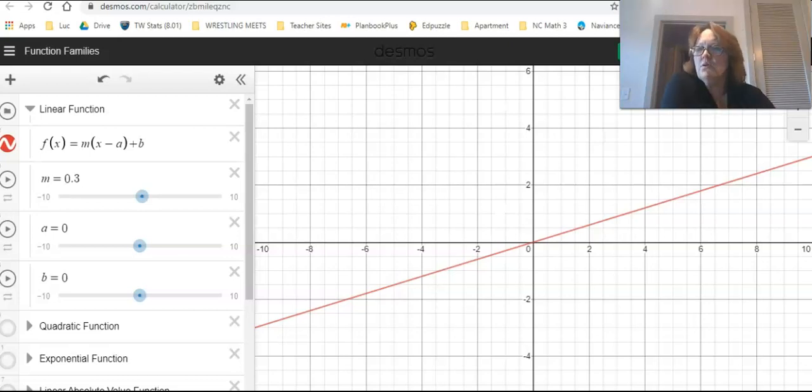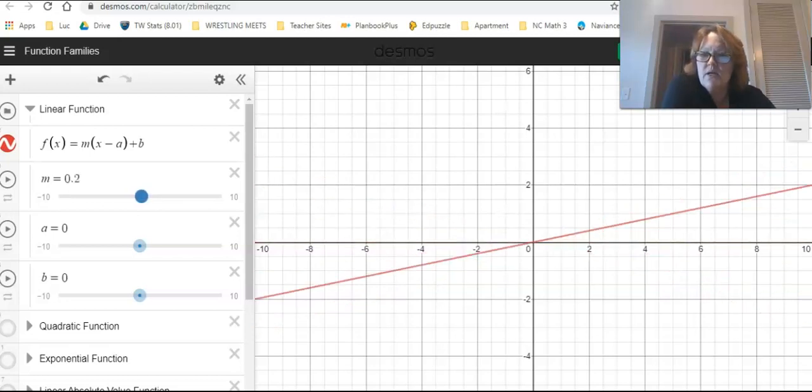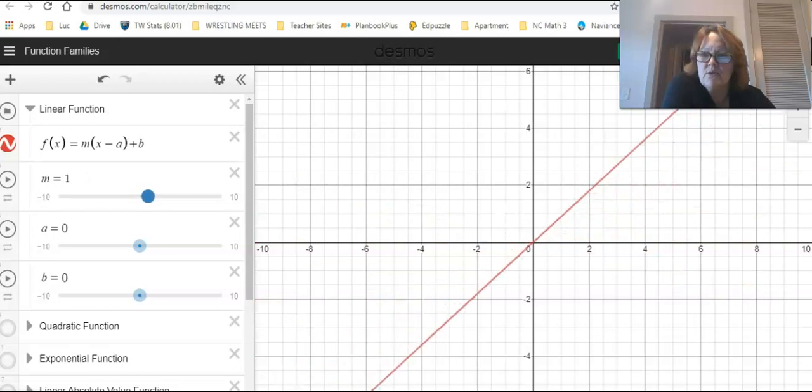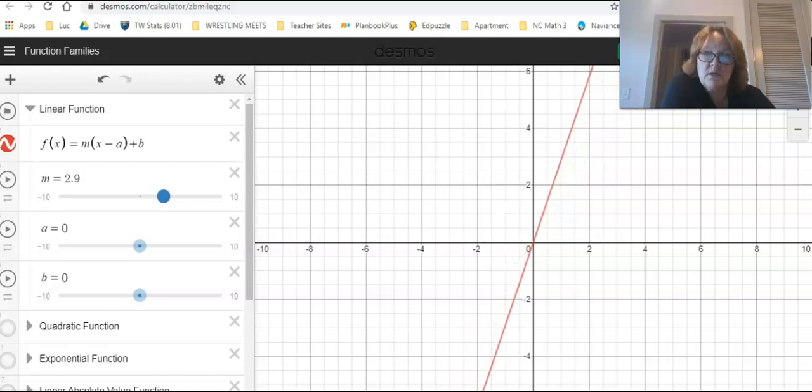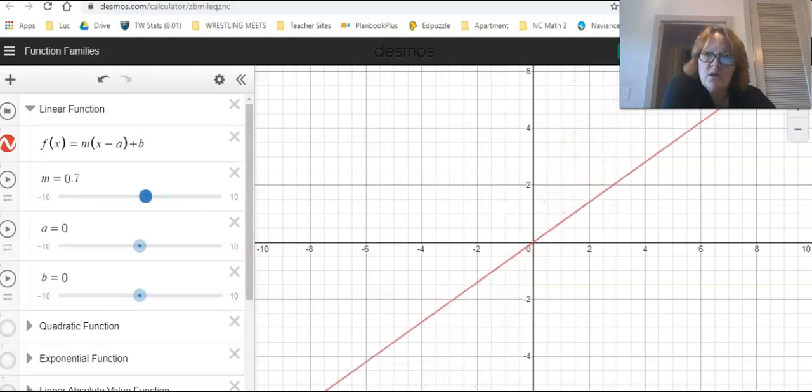If you look at the m, for example, and you start using this slider and change the value of m, you notice what it does. It changes the slope, because of course the m is the slope in slope-intercept form. As you move that slider and make m bigger, you see the slope changes, and then as you make it smaller, it goes toward a horizontal line.